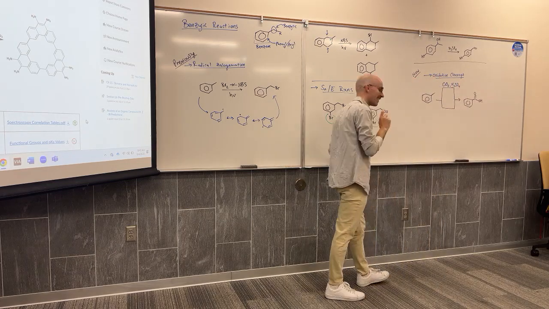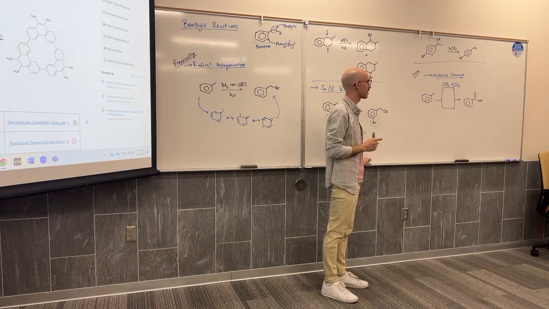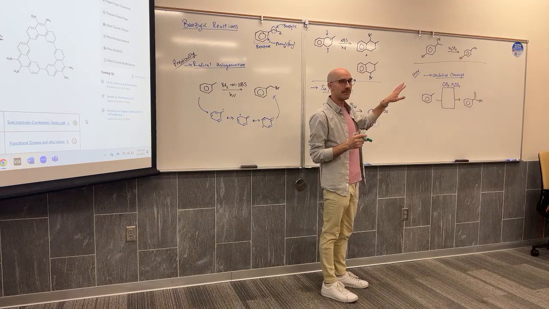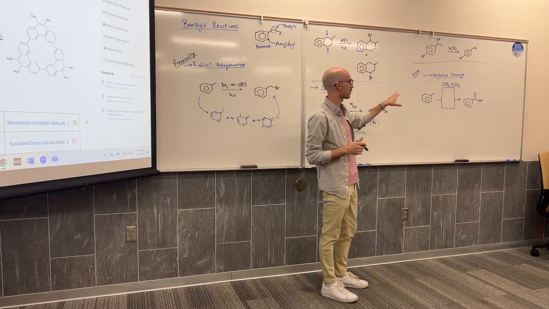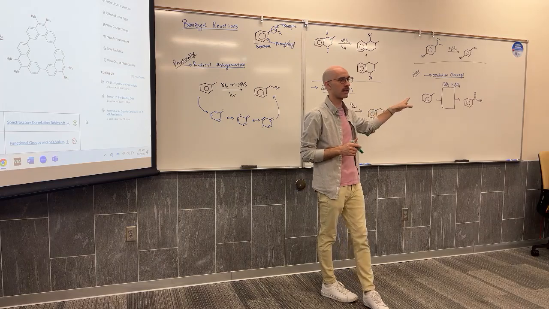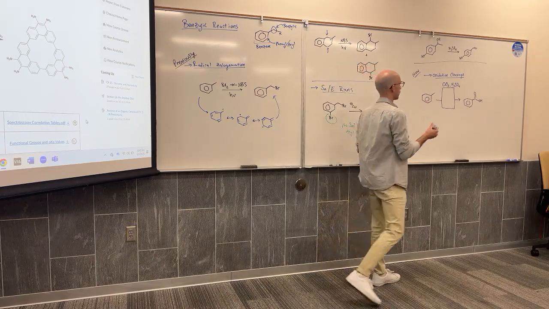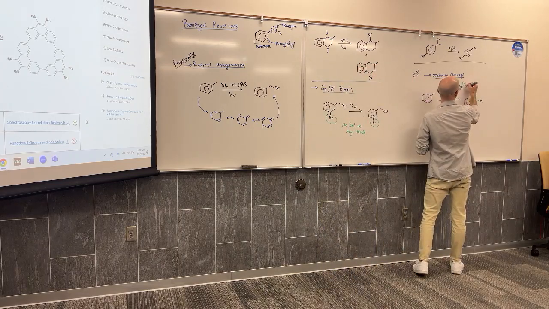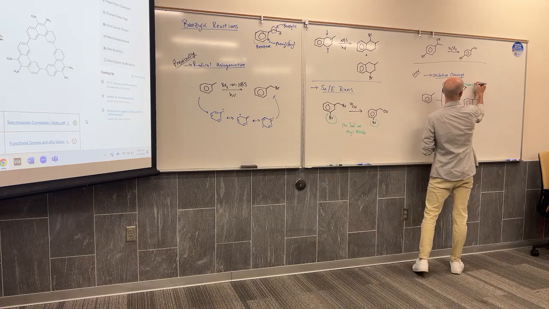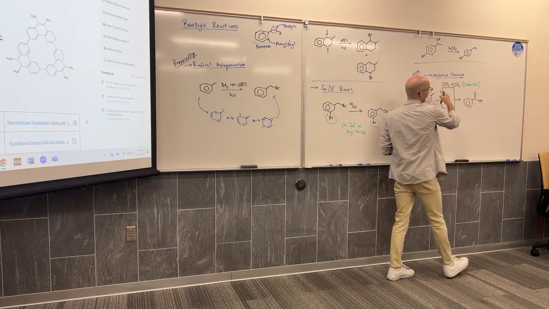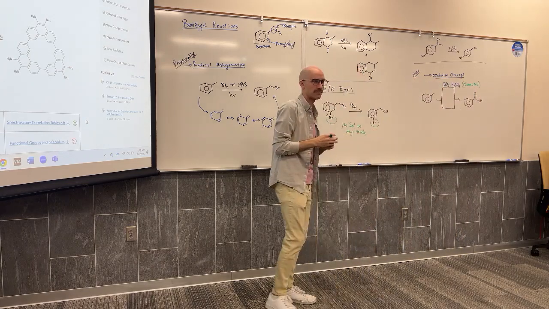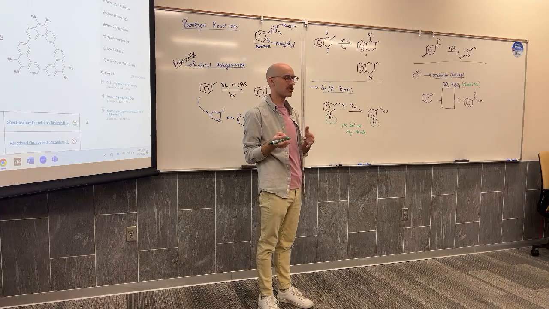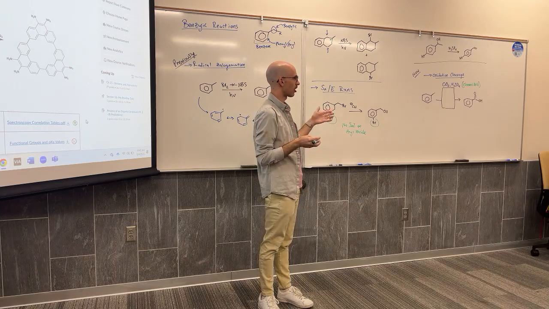There are a lot of different ways that you will see chromic acid written. In my class, you'll see chromic acid written as chromium trioxide with sulfuric acid. Notice that there isn't actually chromic acid in the reagent. Chromic acid is H2CrO4.